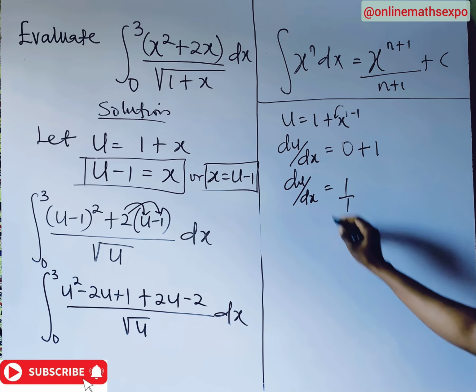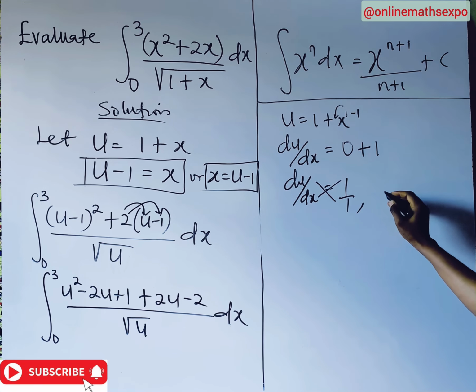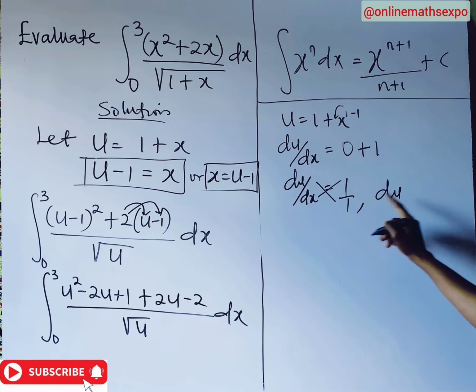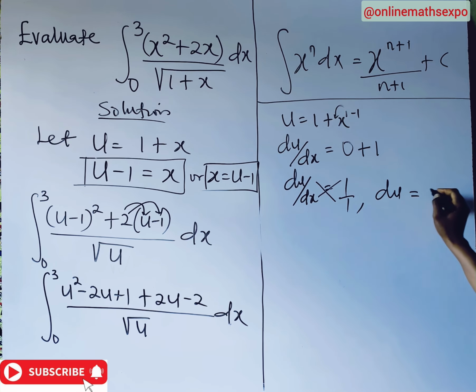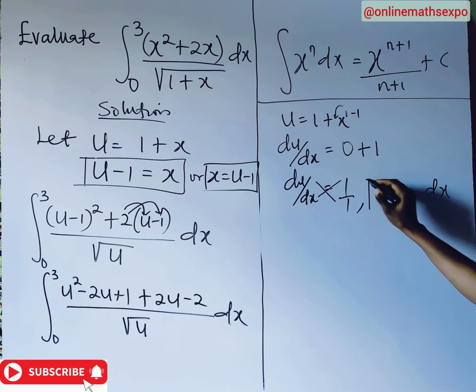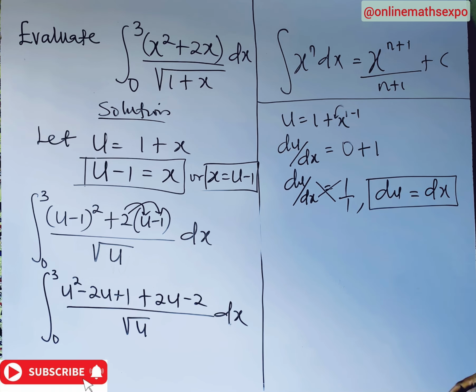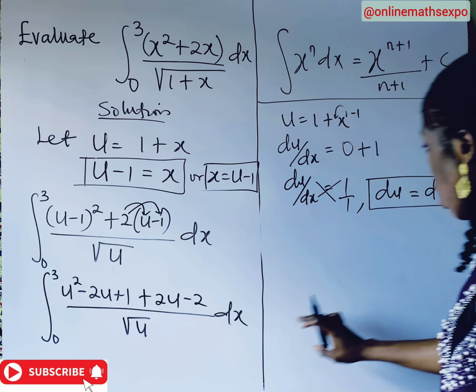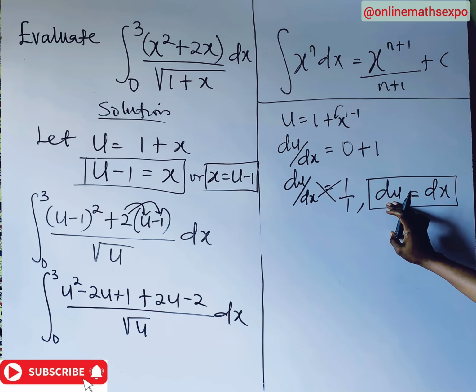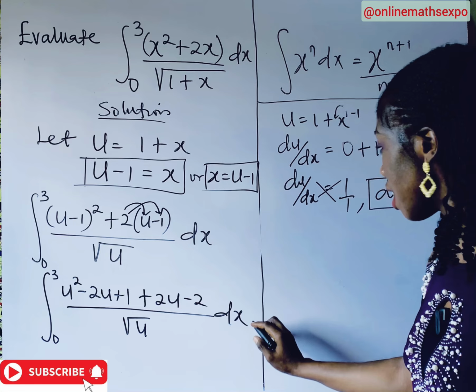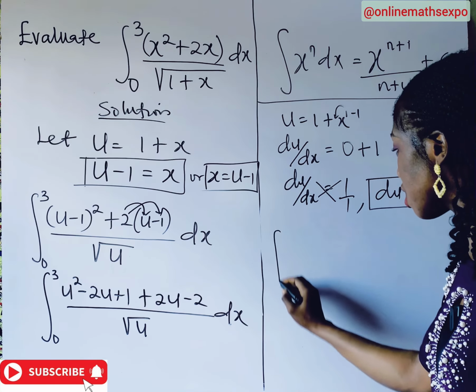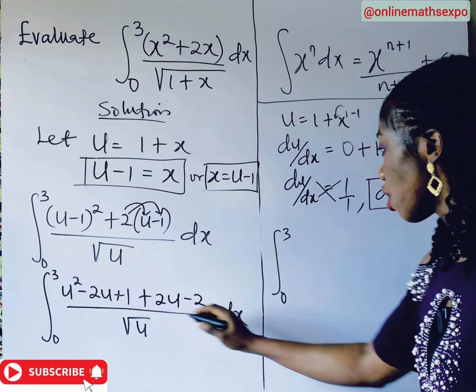Make this to be in fraction, you cross multiply. So we're going to have du times 1 is du, and the dx times 1 is the dx. So we say that du is equal to dx. So you see, we can easily replace this dx with du. Have you seen that? So in that case, from here now, we're going to have integral from 0 to 3 of this.